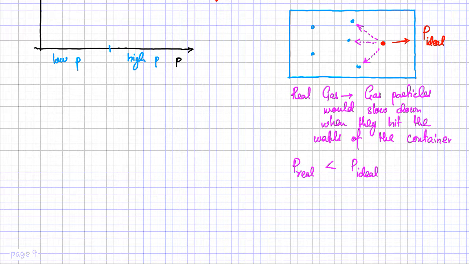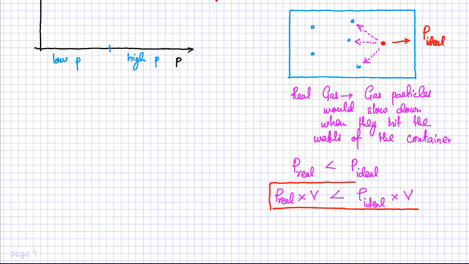And if that is less, that means that the product P into V, with the real pressure, would come out to be less than in the ideal gas situation. So your product is going to come out lesser. So P into V is going to be less than the P into V for an ideal gas.